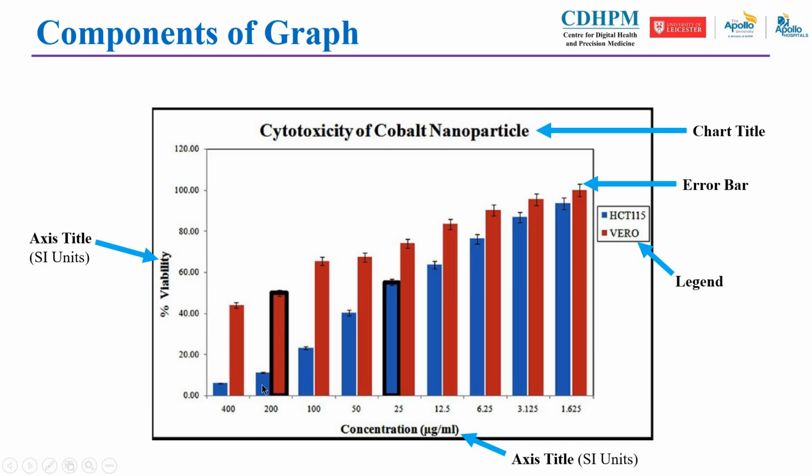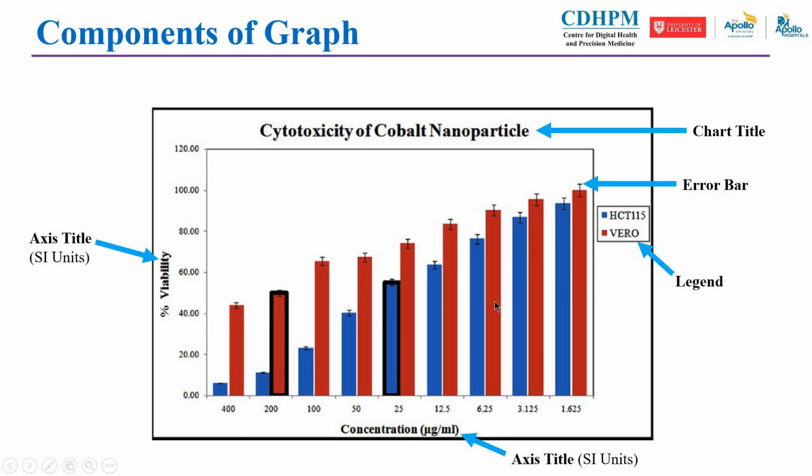So you are comparing the effect of the same nanoparticle at the same concentration on two different cell lines. What does this mean? This means that the particular nanoparticle is having more toxic effect on HCT115, which is a cancerous cell line, compared to the Vero, which is a non-cancerous cell line. So this is how you read the legend. The legend will tell you what are all the different data series.